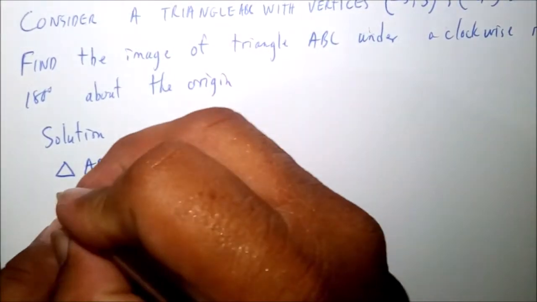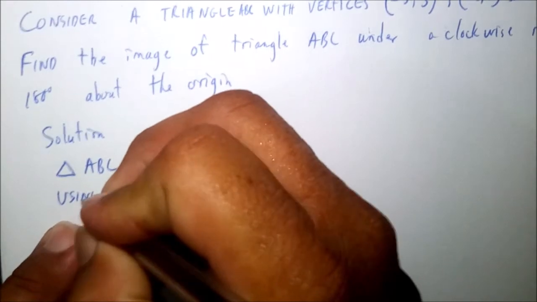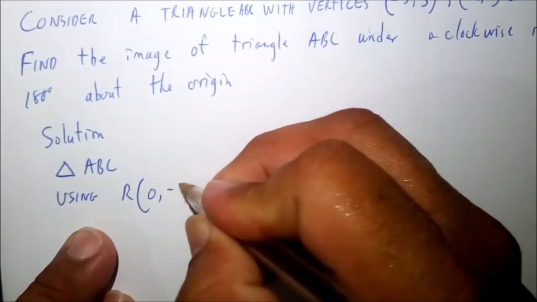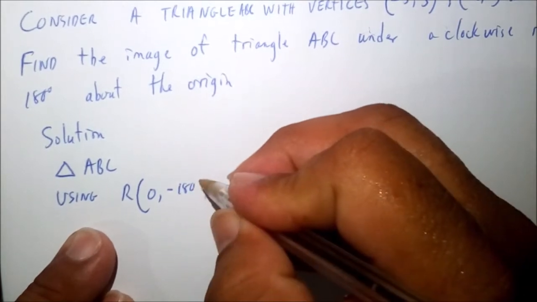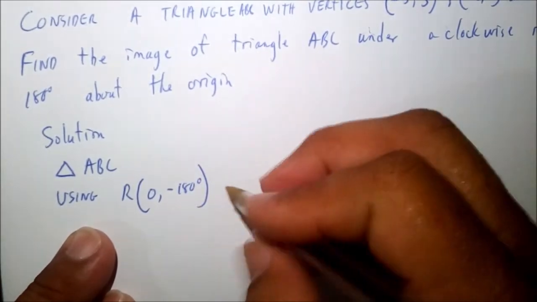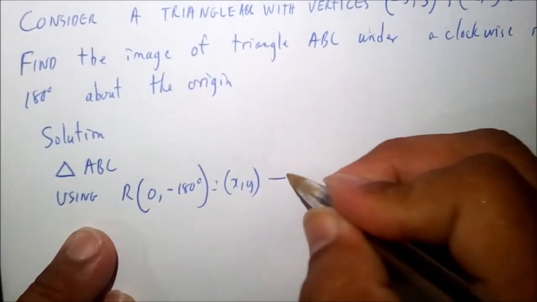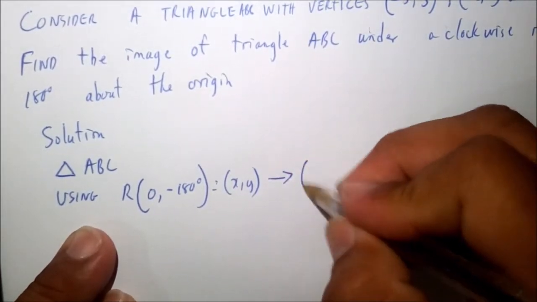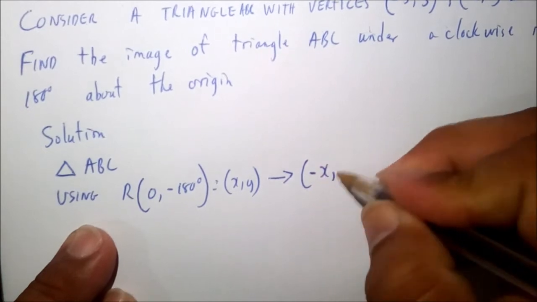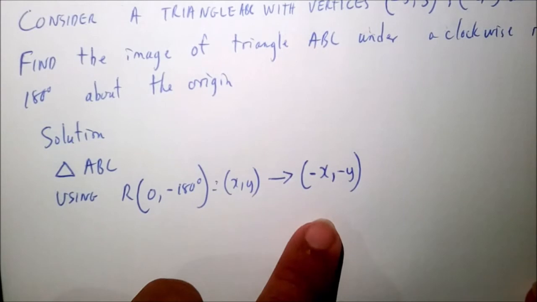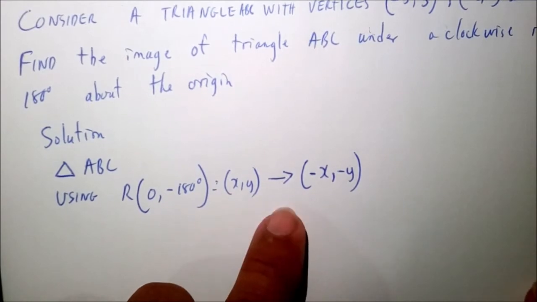So you will be using the rotation of 0 to -180 degrees, such that the point (x, y) will be mapped to (-x, -y). What we are doing is simply negating the points, making them opposite in value.